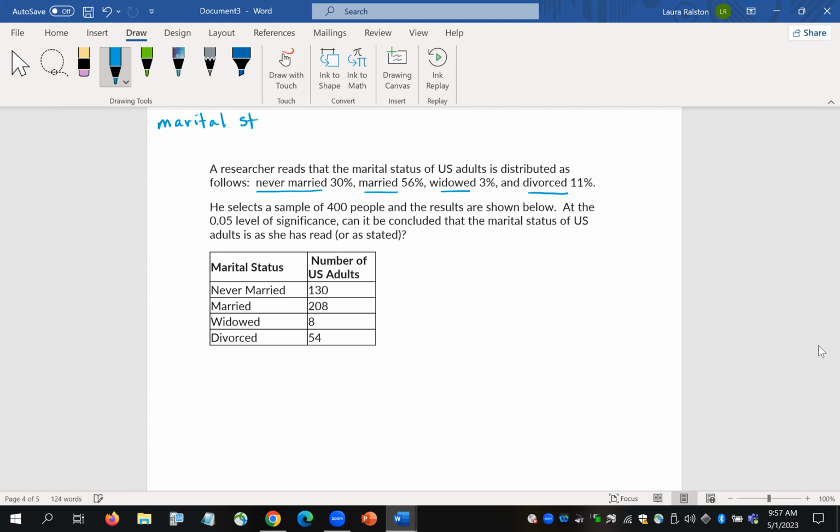If you stop and think about the question that would have to be asked, what survey question would he ask these 400 people? He would have to ask them, what is your marital status? And when he gets a reply, it's going to be a word. So I can right away hopefully recognize that this is qualitative data.